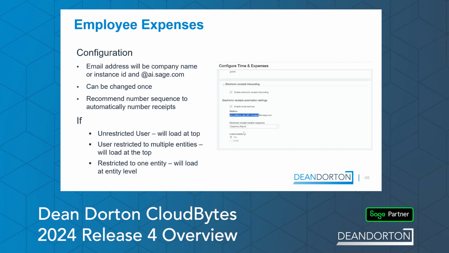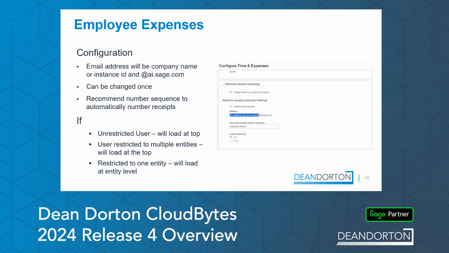So here we have how you get these expenses in. An email address, so very similar to AP automation, this is employee expense automation or the beginnings of it. You'll get an email address. You can change it one time over your, I guess, history life of using it. So make sure that if you have something here, you have it correct.